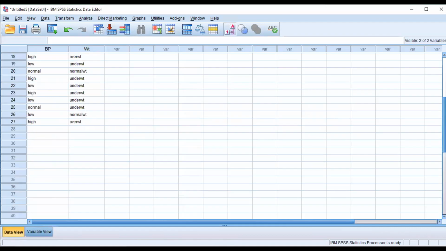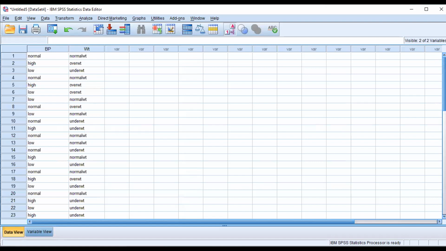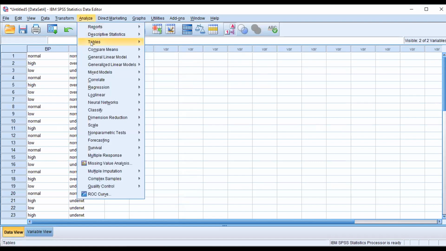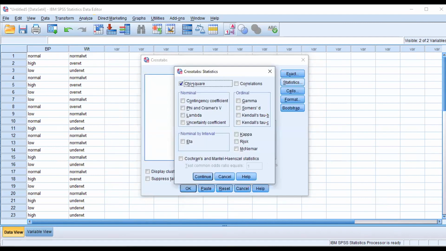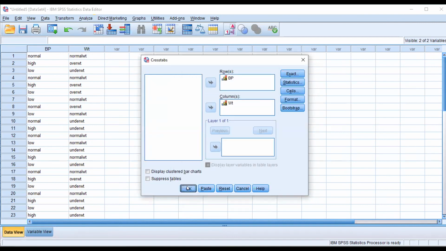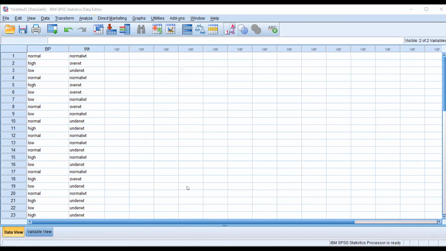Again, I need to do it this way. Analyze, go to descriptive statistics, then crosstabs, and put BP and weight. In statistics, we check chi-square, then continue, then OK. We have our result.